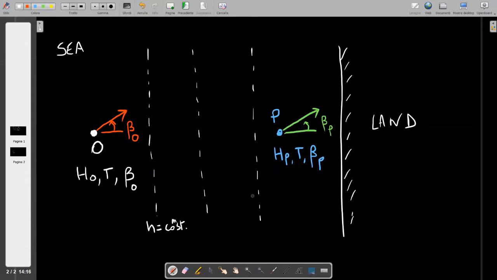And then we need to apply the results that we obtain within the frame of linear theory of waves.